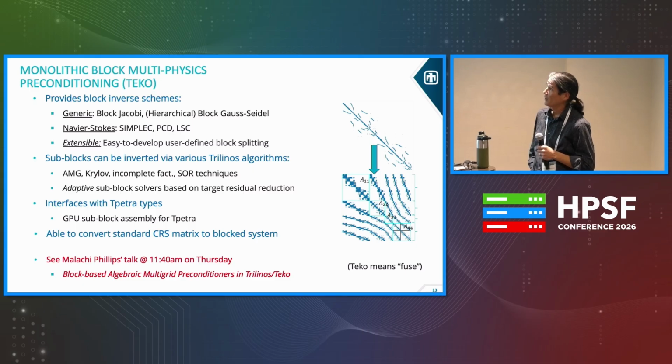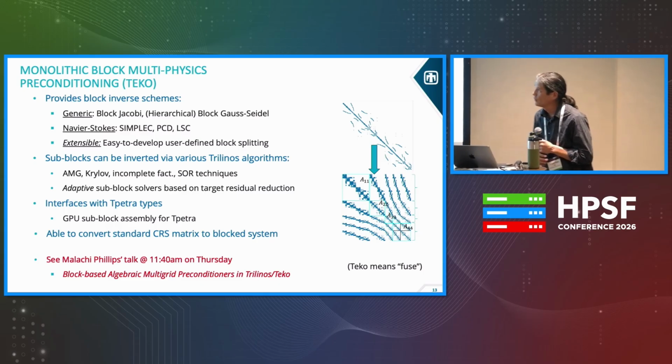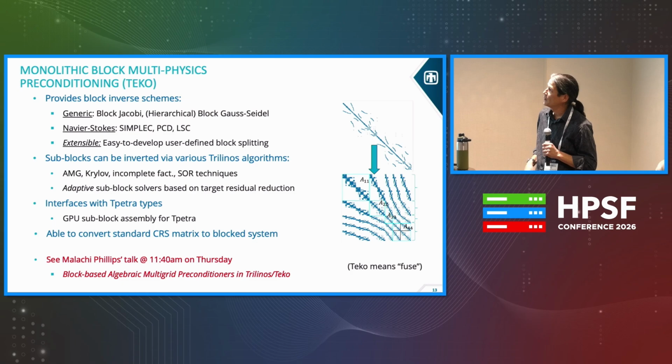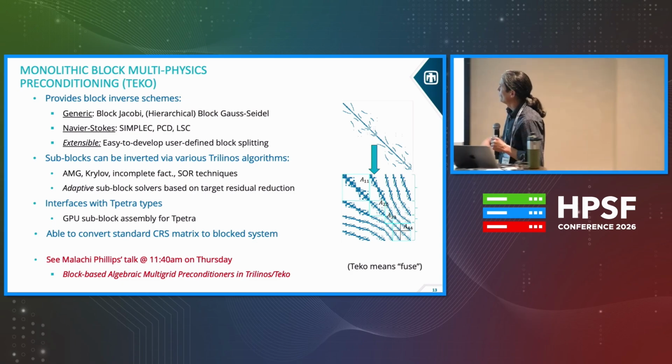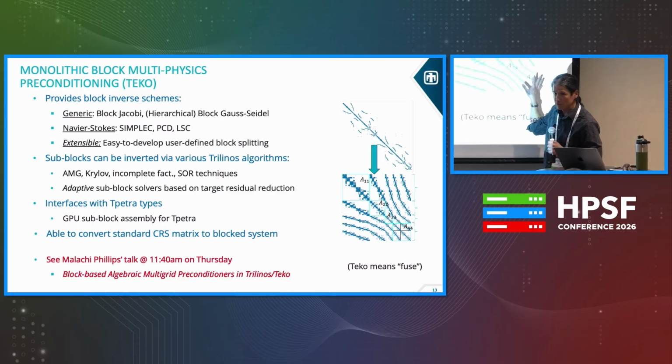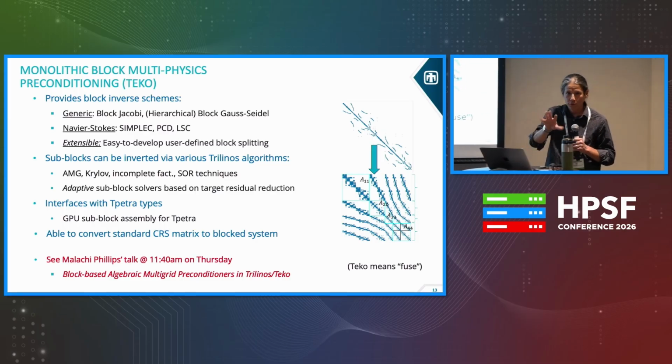So I want to mention the next linear solver, which is something called TEKO. It's a monolithic block multiphysics preconditioner, and it provides block inverse schemes. The notion here is that you have some multiphysics system, maybe representing different physics, and you want to invert those different blocks.